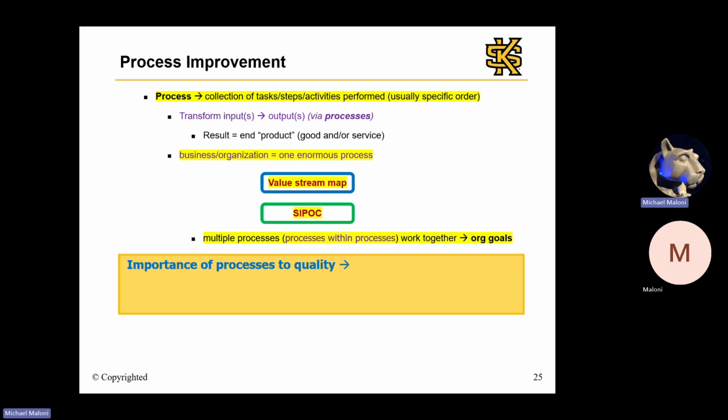Quality outputs in the form of goods and services come from processes. If the outputs have defects, or at least are not delivering the expected value, then we have to fix the underlying processes. Fix the process to improve the quality of the outputs.